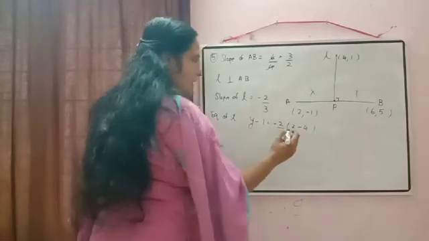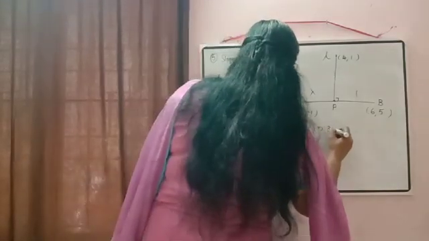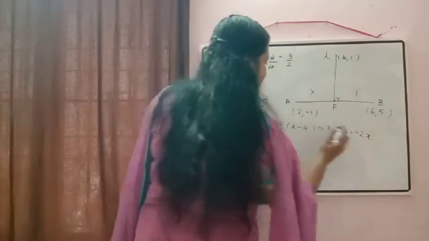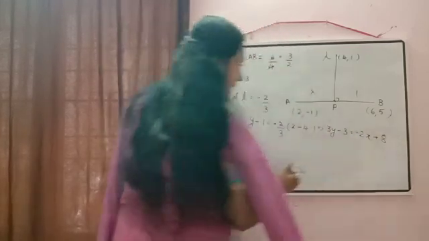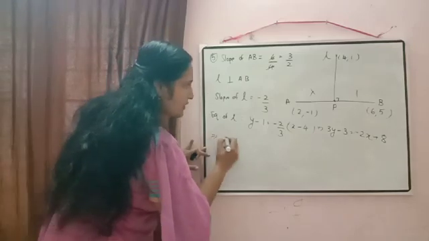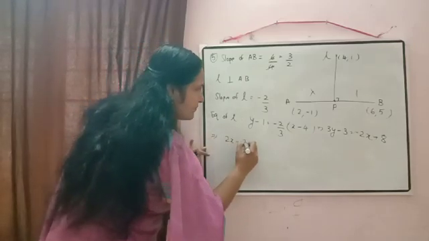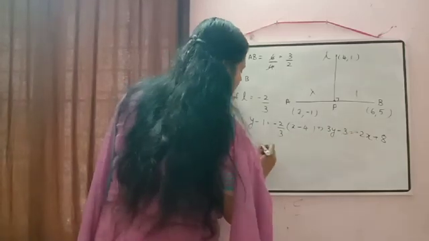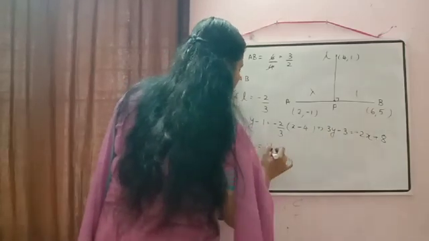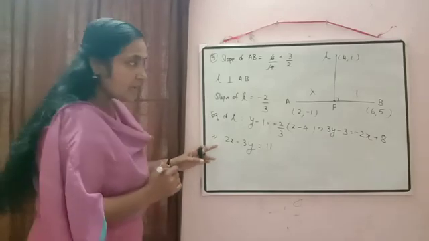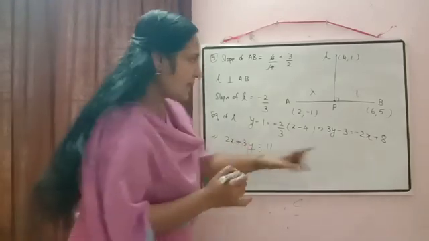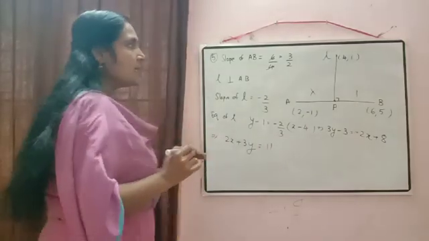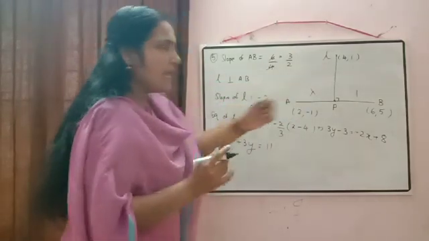Now shift this 3 here, then we will get 3y minus 3 is equal to minus 2x, minus into minus plus 8. Now we can shift all the expression to one side, then we will get here 2x minus 3y minus 3. If you want, you can shift to the right hand side. Then we will get here 2x plus 3y is equal to 11. This is the equation of the line L there.